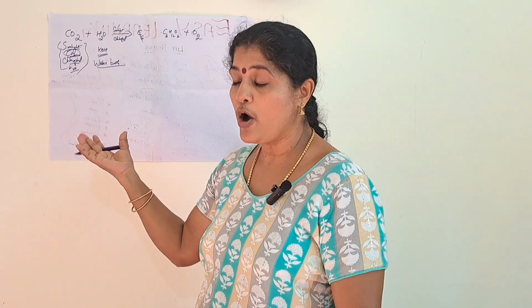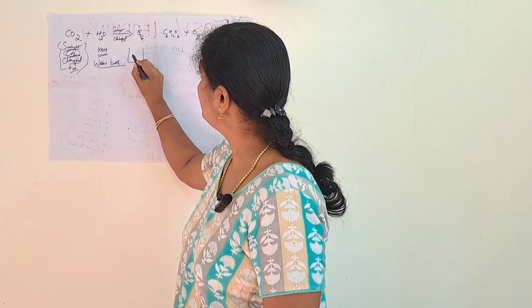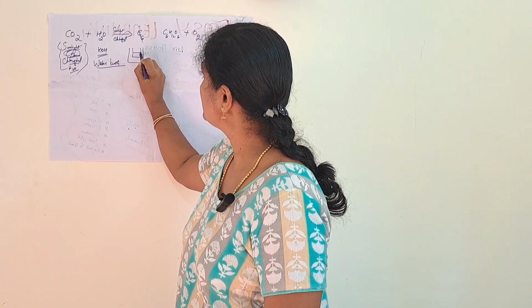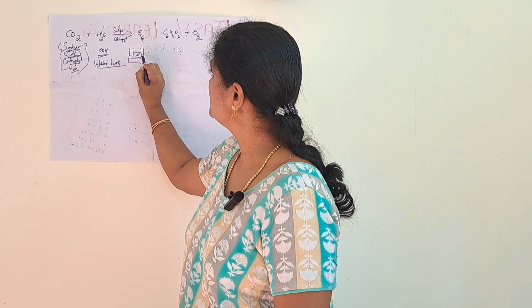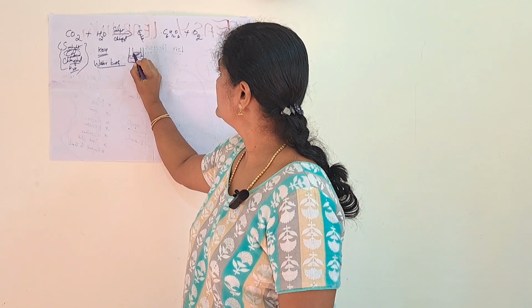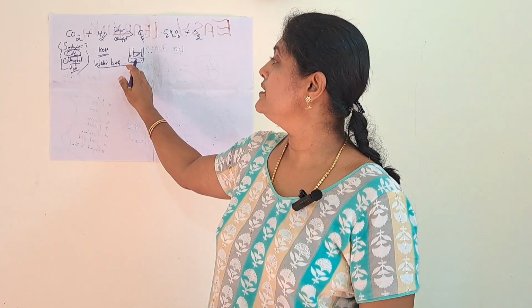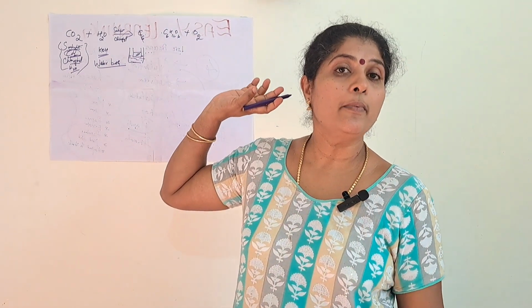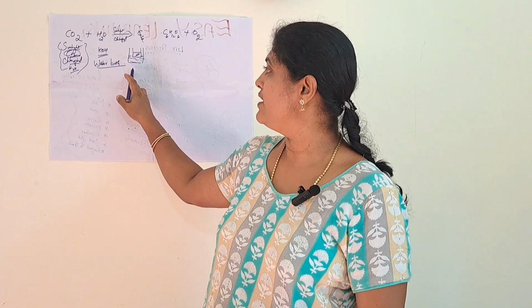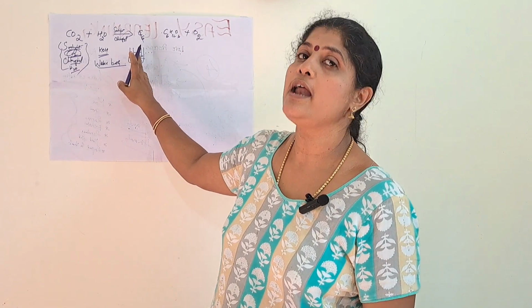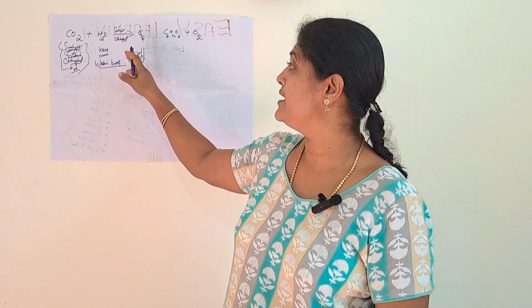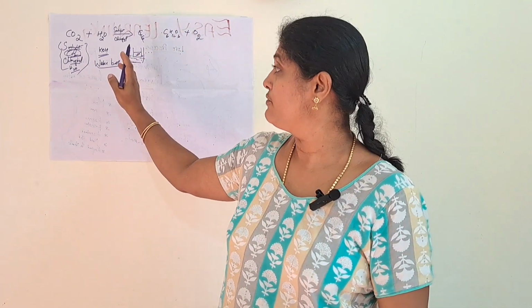This is the apparatus: this is alcohol with the leaf, and this is water. It is kept under the Bunsen burner, and when the water boils, the heat is passed to the alcohol, which starts to boil and helps in removing the chlorophyll from the leaf.